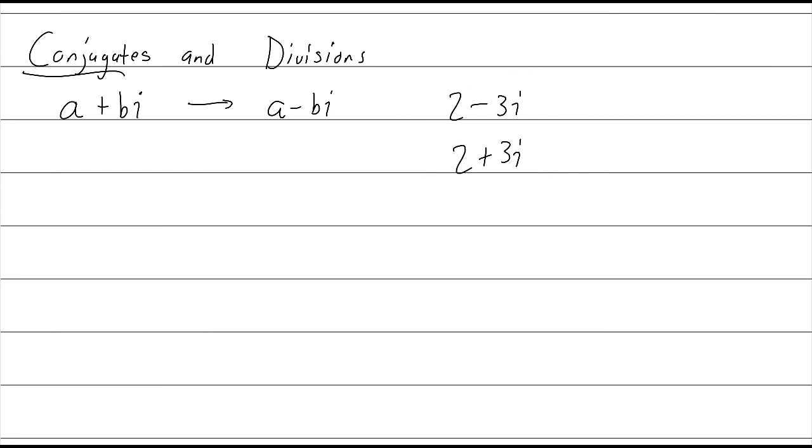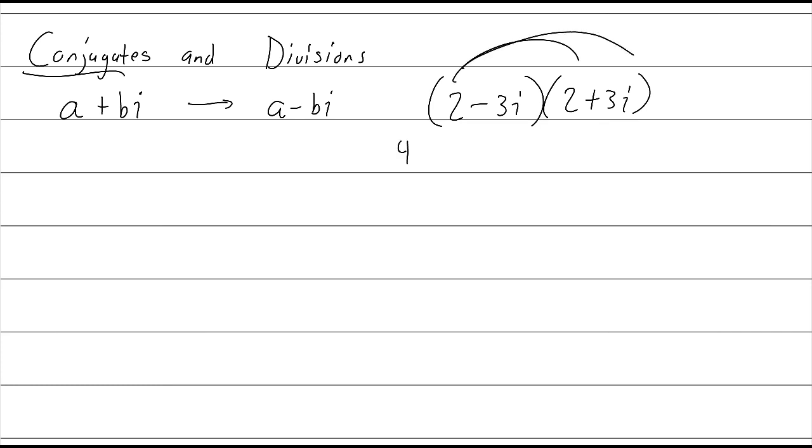The fancy thing about conjugates is if you multiply them together, it eliminates the imaginary part altogether. You're left with a real number. A complex number times its conjugate will give you a real number. Let me do this quick. 2 times 2 is 4. 2 times 3i is 6i. Negative 3i times 2 is negative 6i.